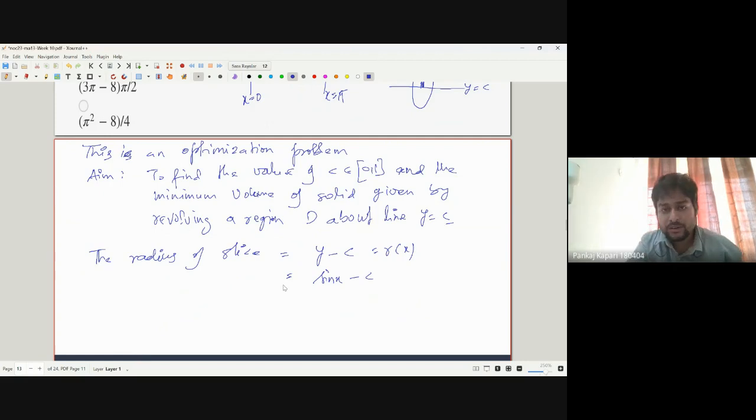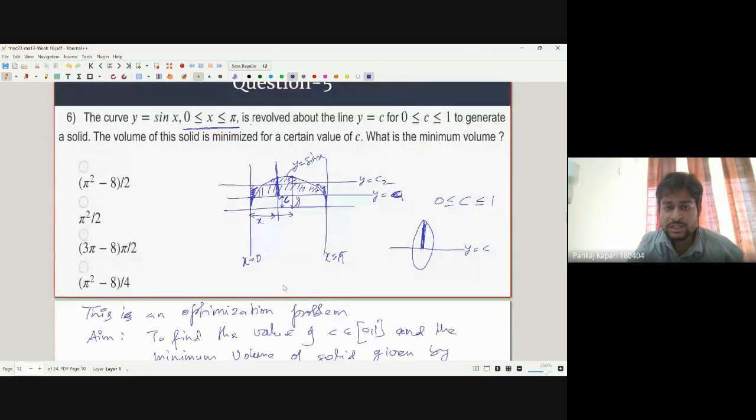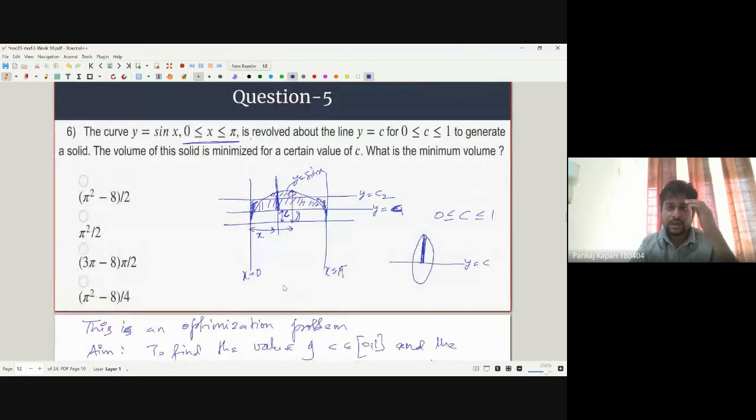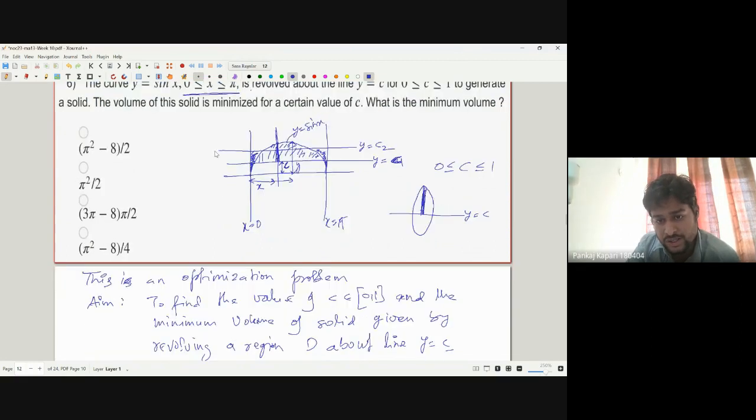Now, we note that this constant c can be anything, because c varies between 0 and 1, and because of that, the difference sin x minus c can be either less than 0 or greater than 0.